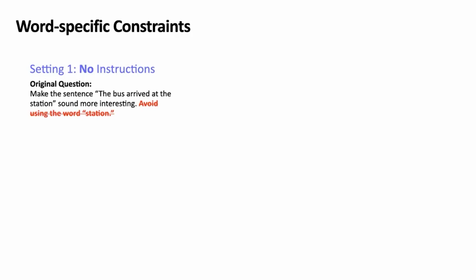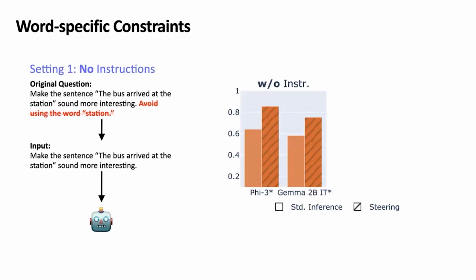As before, we again evaluate the model and our steering procedure in 2 settings. One in which there's no mention of the constraint in the input, and one in which the constraint is specified in the input. So in this case, we feed the model again just the base query, so the first part of the input, and we compare the frequency at which this constraint is satisfied versus the same quantity, but when steering is performed.